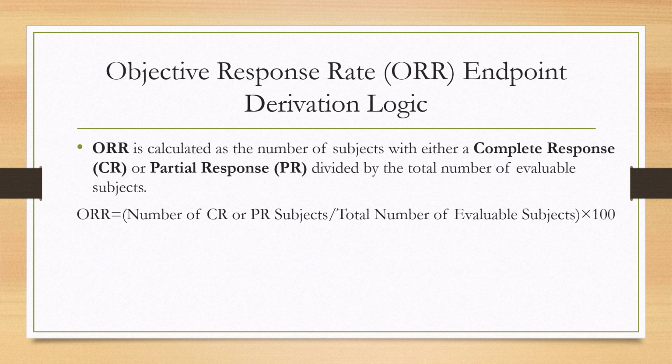So if we talk in terms of the mathematical formula, as a numerator, we have to take the sum of subjects who experience the CR or PR, and in the denominator we will have the total number of evaluable subjects, and we will calculate the percentage of it by multiplying by 100. So in this way you can get the objective response rate.